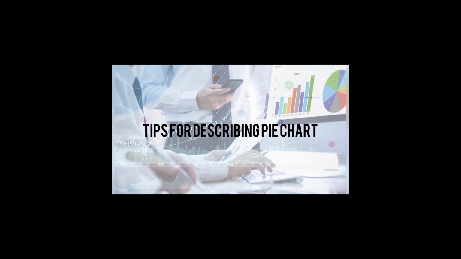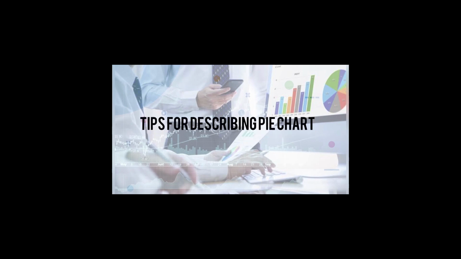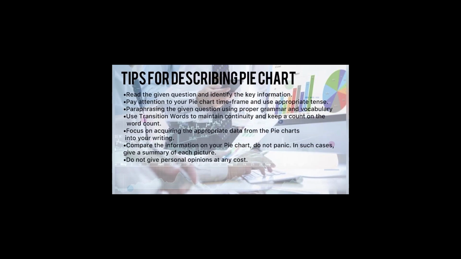Tips for describing a pie chart. First, read the given question and identify the key information. Then, pay attention to your pie chart time frame and use appropriate tense. Paraphrase the given question using proper grammar and vocabulary. Then, use transition words to maintain flow, and keep account of the word count.